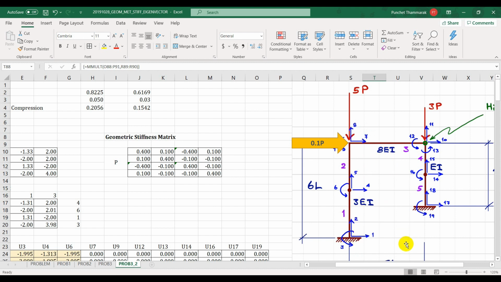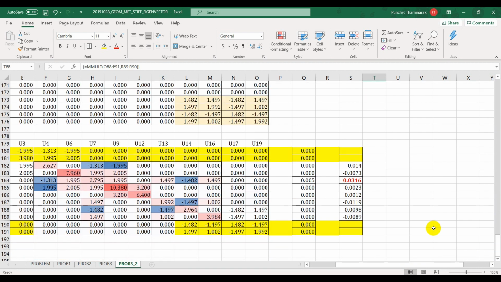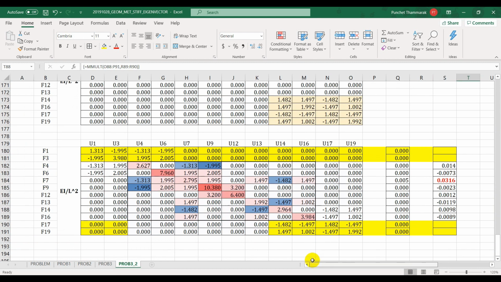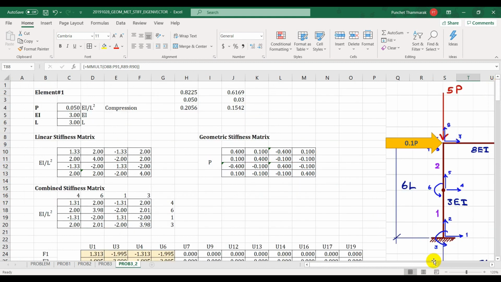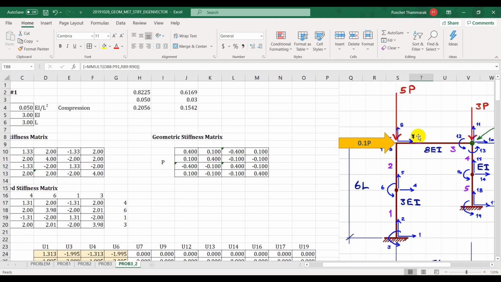Let me check the rotation. This is rotation number 7, 8, 9, right? Rotation number 9. Rotation number 9 is this one. Minus is going clockwise. Rotation is clockwise. Clockwise rotation means the beam is going like this.